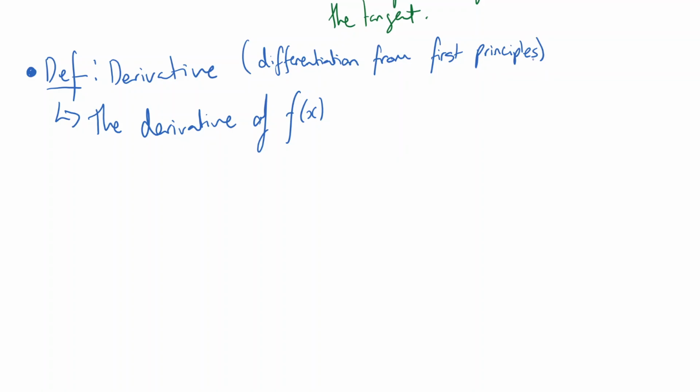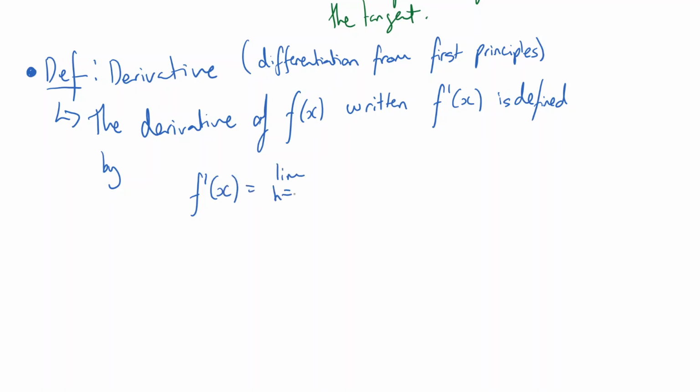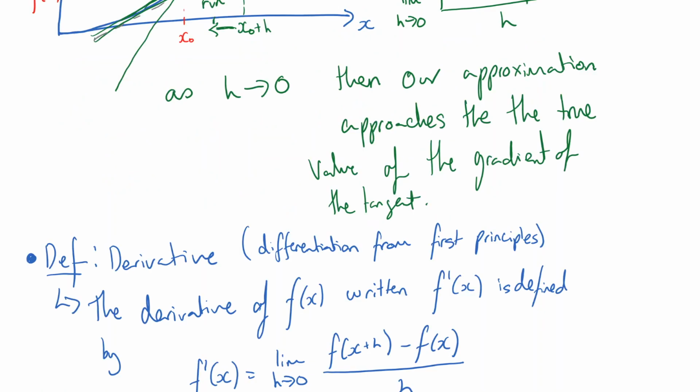So the derivative of f of x, written as f prime of x, is defined by f prime of x equaling the limit as h goes to 0 of f of x plus h minus f of x over h. And we've seen this before, right?